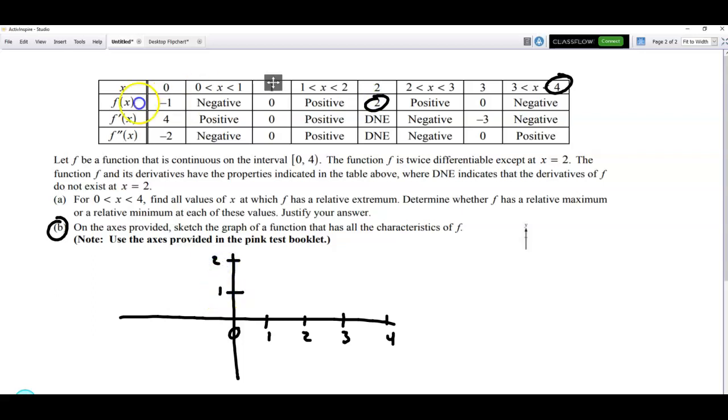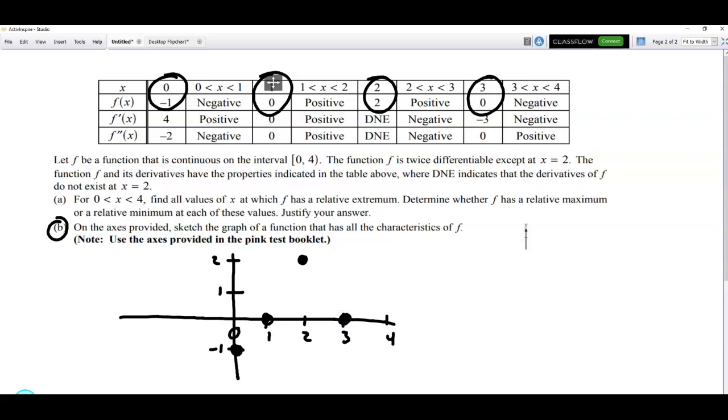So first of all, let's go ahead and do our points that are defined. So we have the point 0, -1, oh, I missed that -1. 0, -1. We have 1, 0. We have 2, 2. And then we have 3, 0. Okay, so the points that we have.